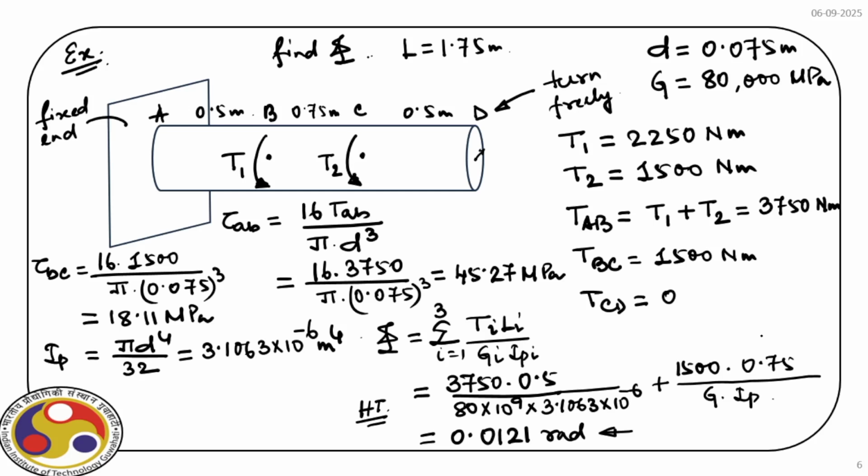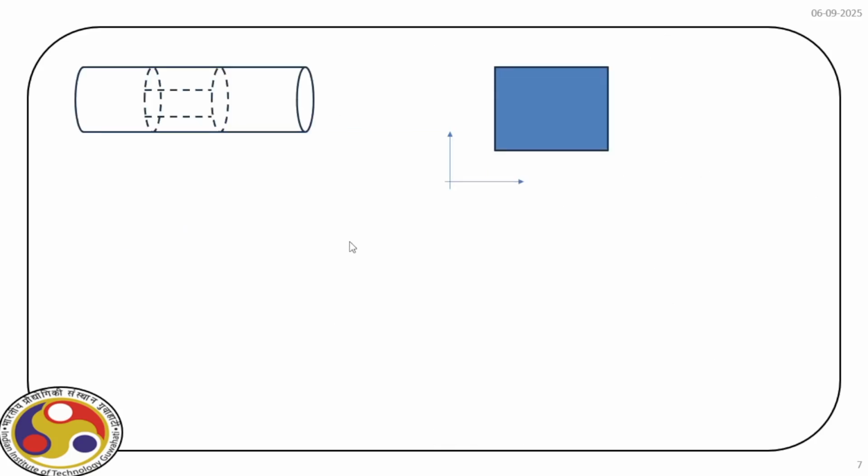Okay, so let us continue our discussion on the torsion of a circular shaft, and if you just note the deformed shape for this uniform cross section, we have torque T applied at the end.